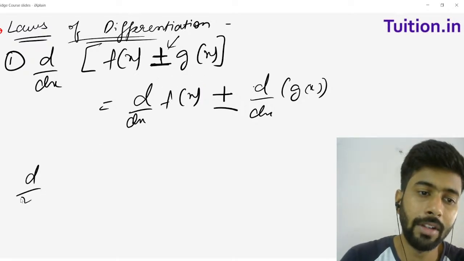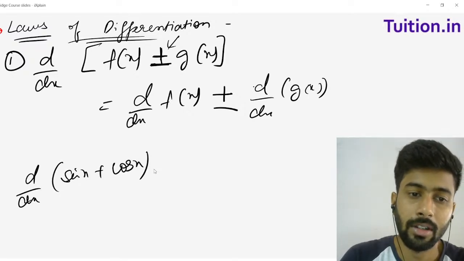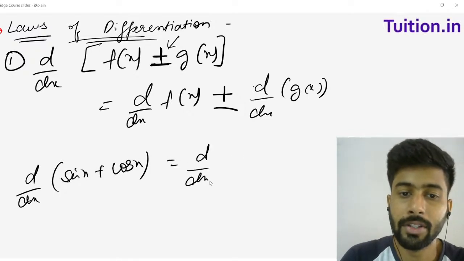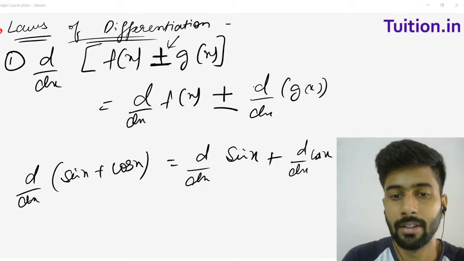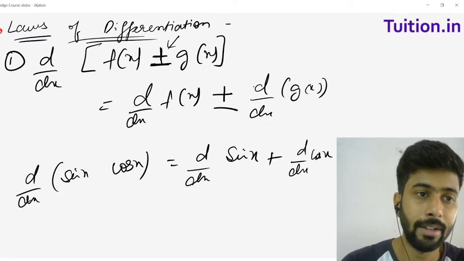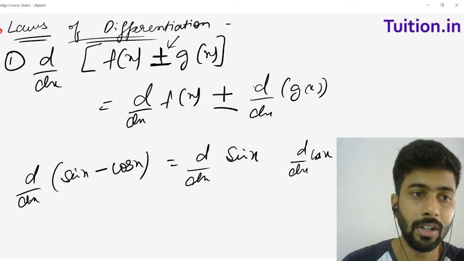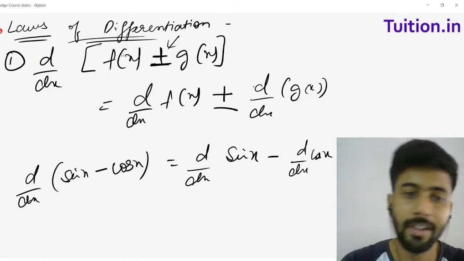Which means if you have d by dx of sin x plus cos x, first differentiate sin x, then differentiate cos x, then add these. And instead of plus, if you have a minus between them, then differentiate sin x, differentiate cos x, and subtract them. Very simple law, but very important.